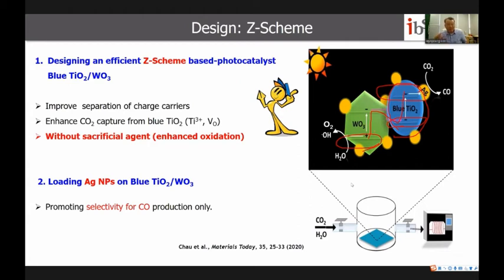We're trying to have a G-scheme, and also intensifying the conduction band, we add silver. This silver can selectively make CO versus CH4. Okay, so that is our scheme.